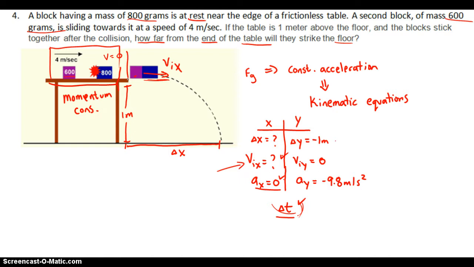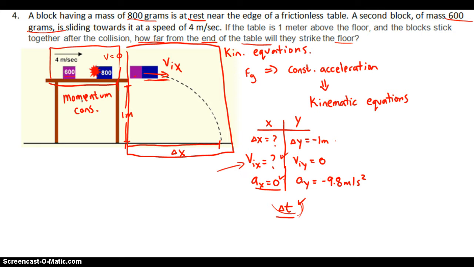And then after that, we've got this problem where I use the kinematic equations. So our next step is to find the speed of these 2 blocks after the collision.